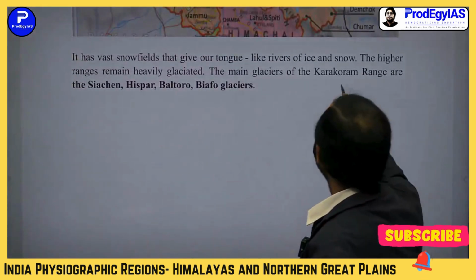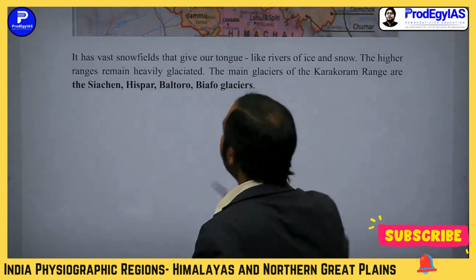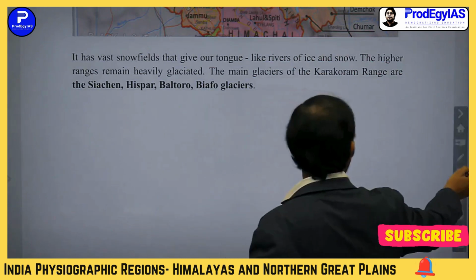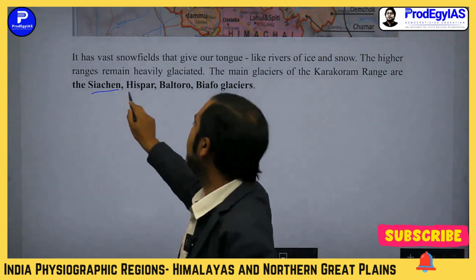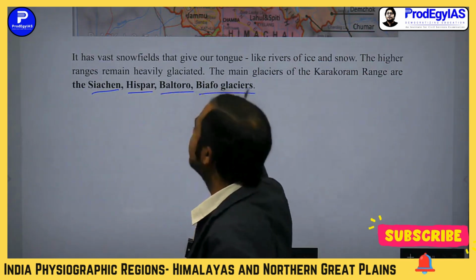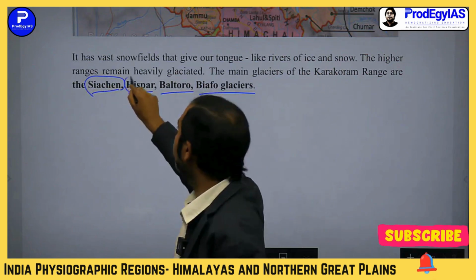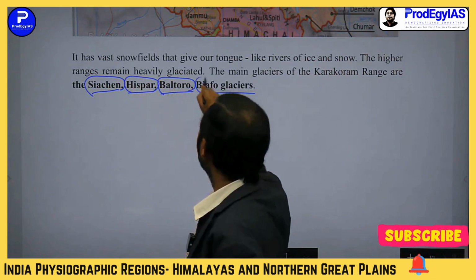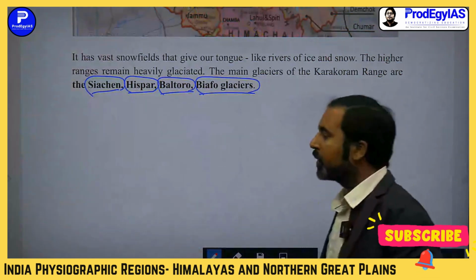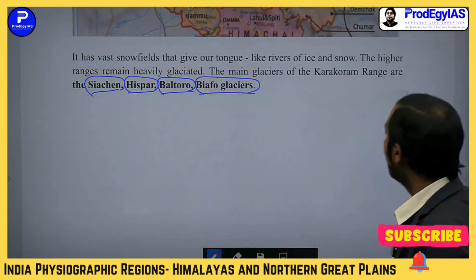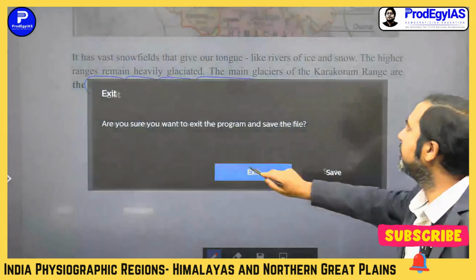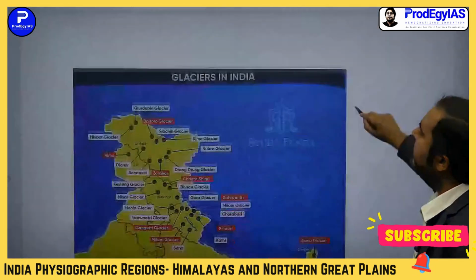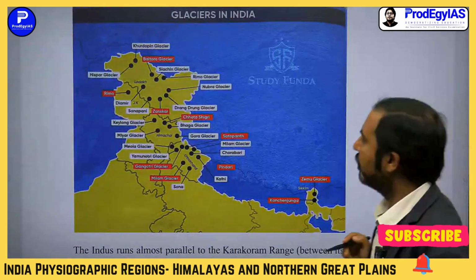There are important glaciers in this Karakoram range, which are Siachen, Hisper, and Biafo glaciers. Try to locate them on your map. We'll do all this mapping, and yes, glaciers of India.